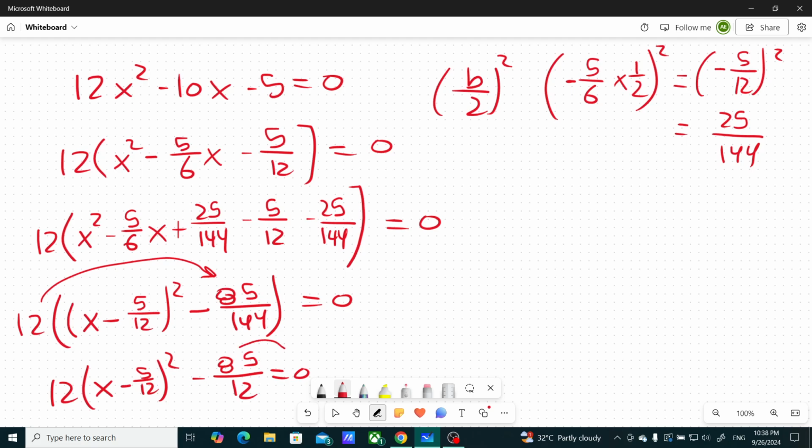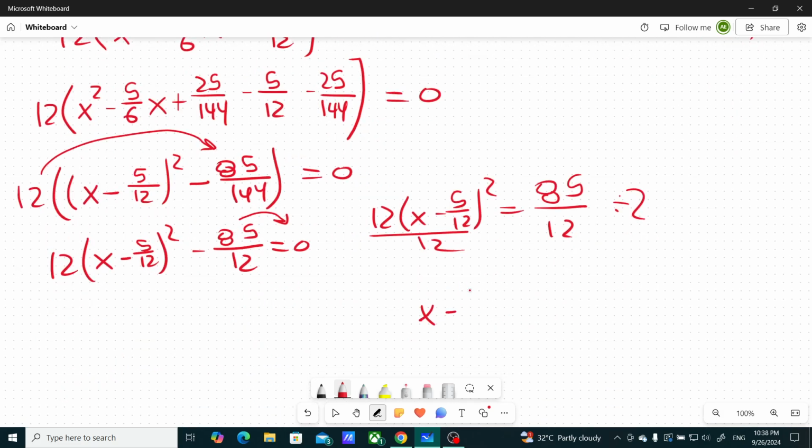To solve, I will move this to the other side. So I will have 12 times x minus 5 over 12 squared equals 85 over 12. I will divide both sides by 12. So I'll be left with x minus 5 over 12 all squared equals 85 over 144.